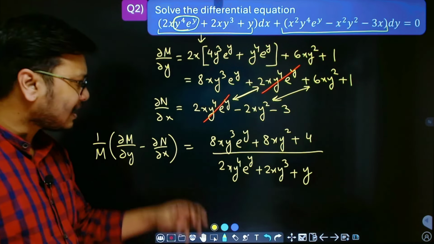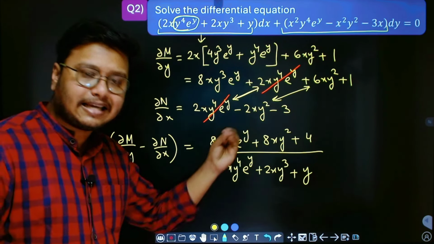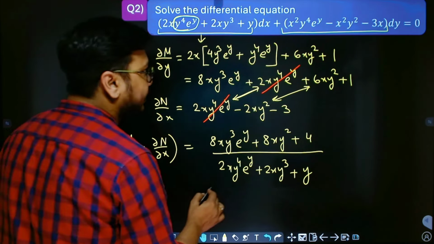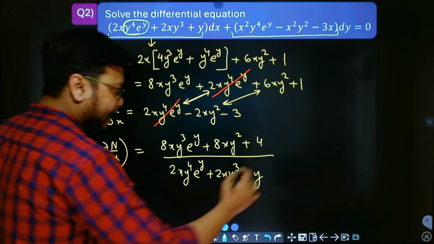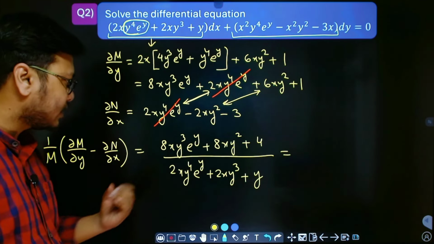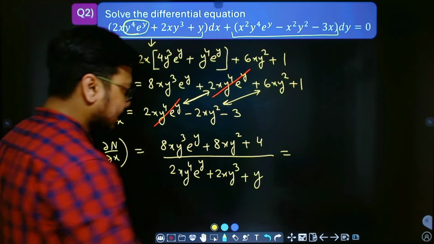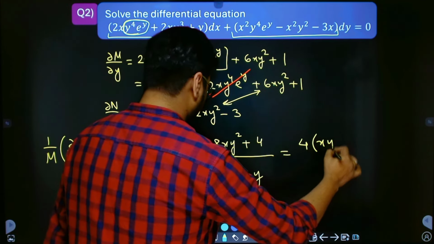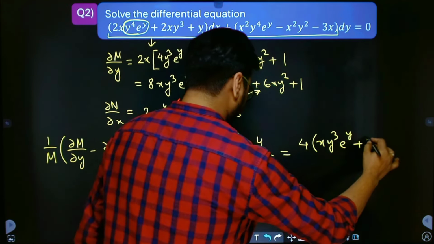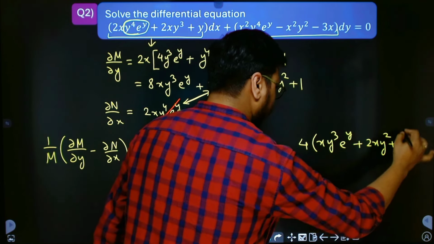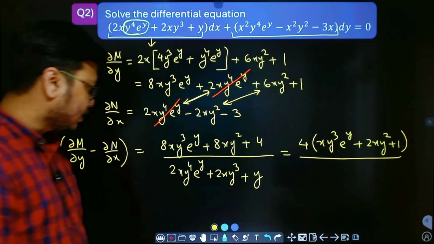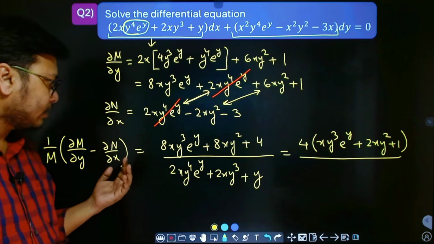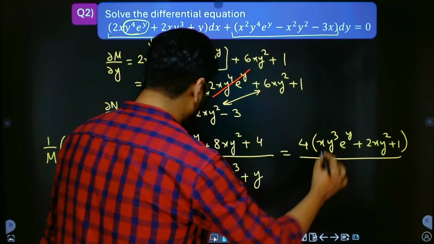Again let's try to see whether we can cancel out something from numerator and denominator. Again we will try to take a few things common. Let's take 4 common from the numerator. So if I take a 4 common, I have xy cube e to the power y plus 2xy square plus 1. From the denominator, I can take a y common, which I missed a 2 out here.